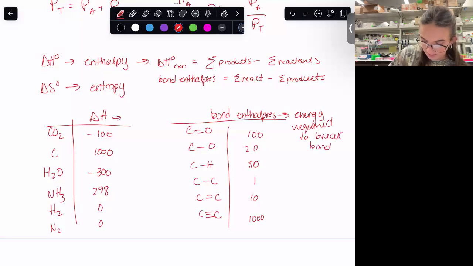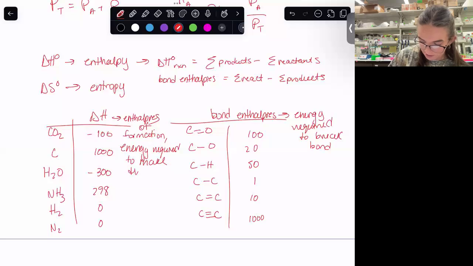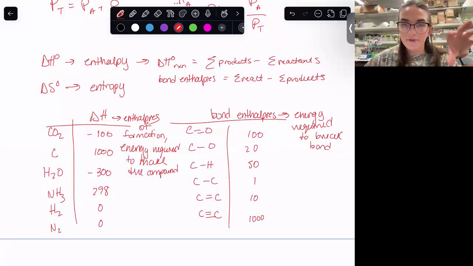And this is enthalpies of formation, or the energy required to make the compound. So if we're looking at the stuff on the left in that chart, we're looking at forming the actual molecule. If we're looking at the stuff on the right, the bond enthalpies, we're looking at what it takes to chop up those bonds, or the energy that's released when those bonds are formed.